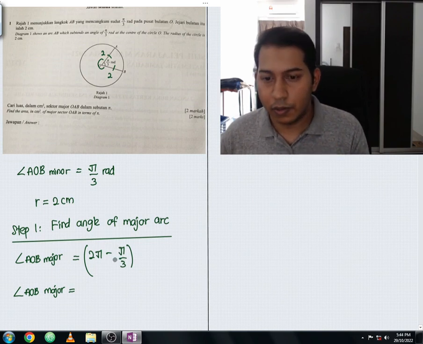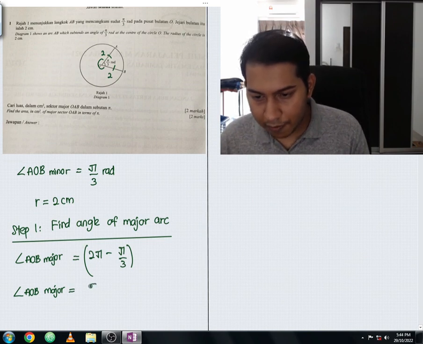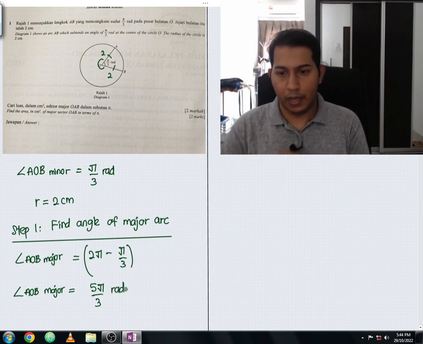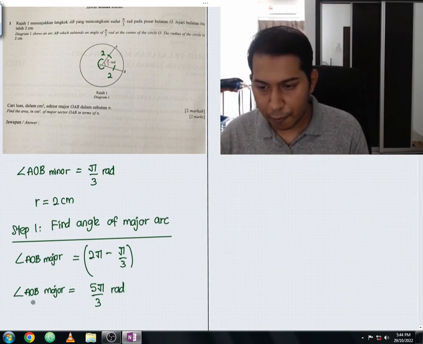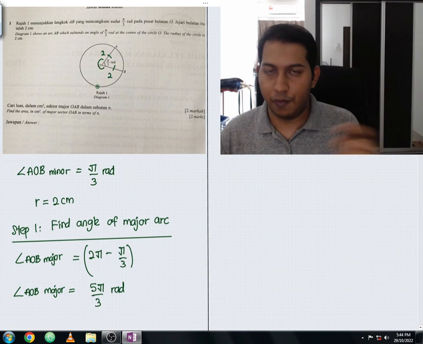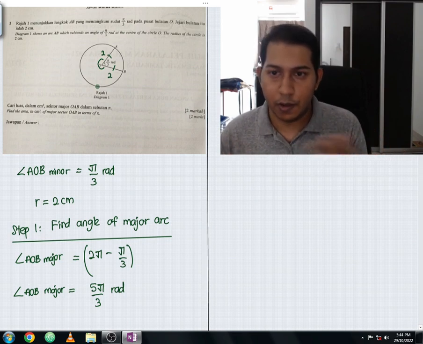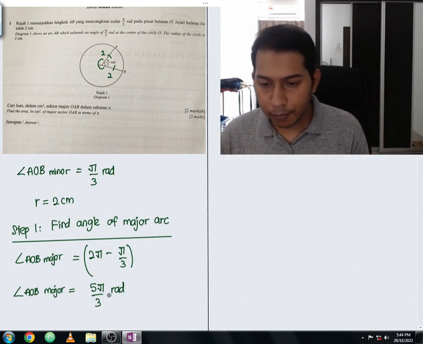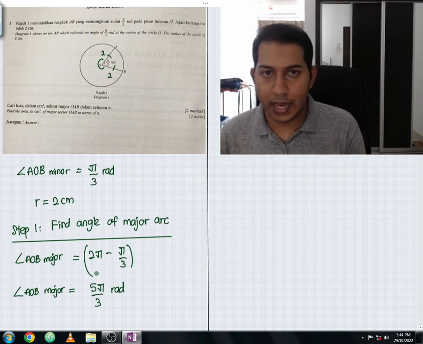So 6 over 3 minus 1 over 3 is 5 over 3. So in this case it will be 5 pi over 3 radian. So we know that the major angle AOB is 5 over 3 pi radian or 5 pi over 3 radian, whichever you want to call it. So this is our first step, we already get the angle.